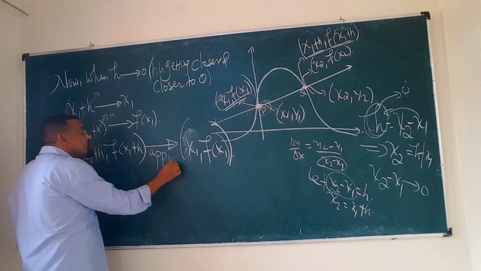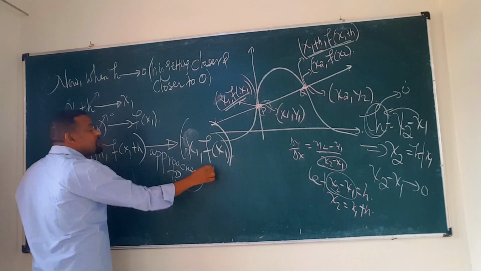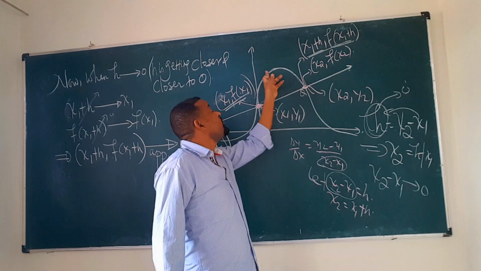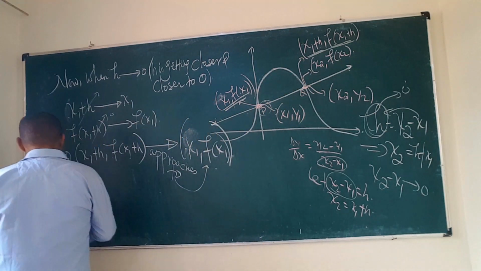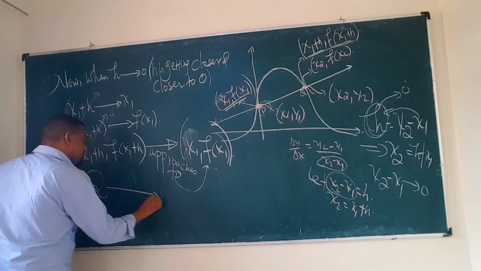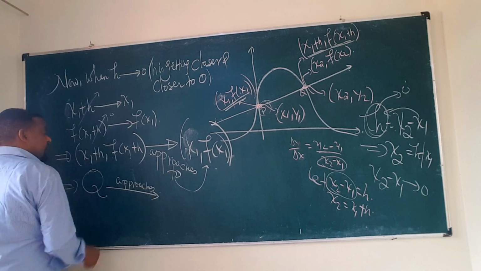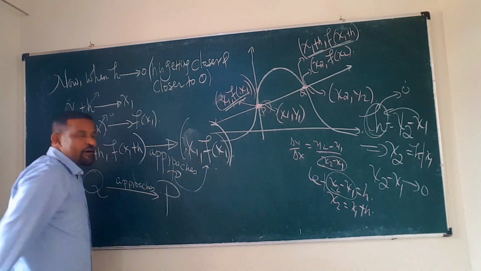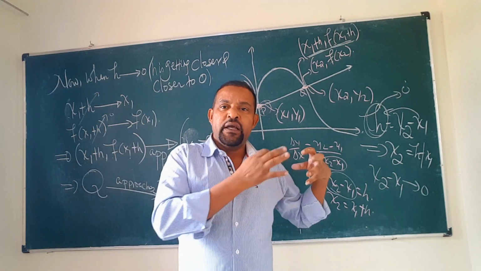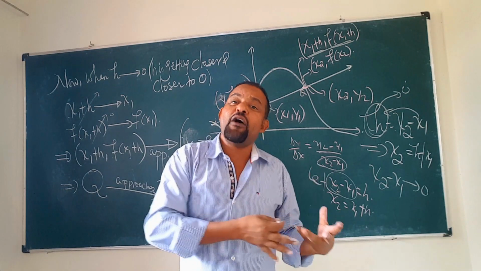Approaches to where? This point. In other words, point Q approaches P. Now as the value of h approaches 0, x1 plus h goes to x1 and f of x1 plus h goes to f of x1.